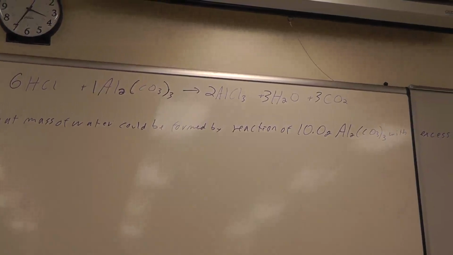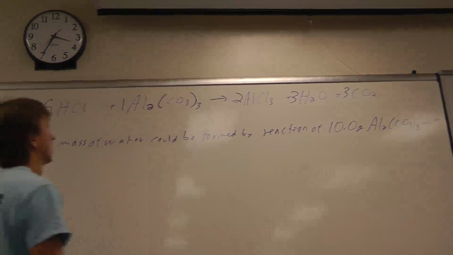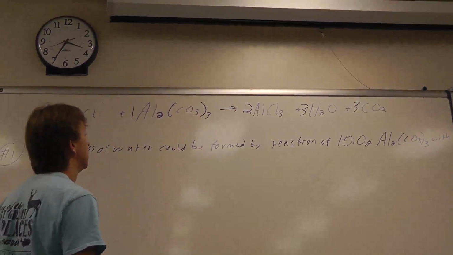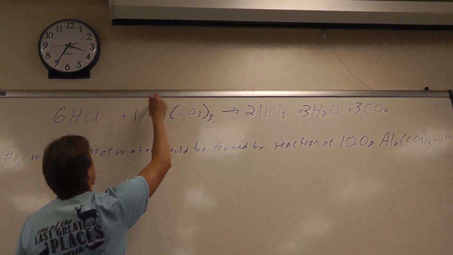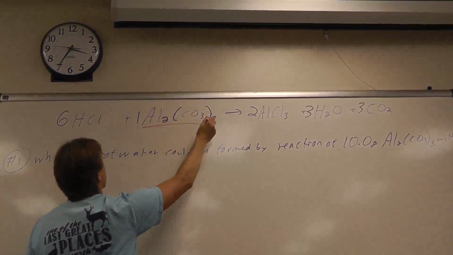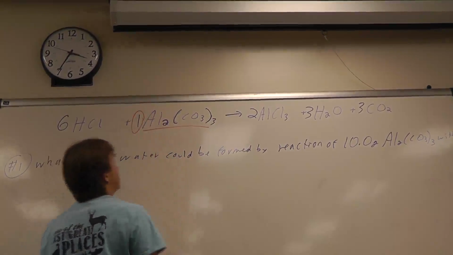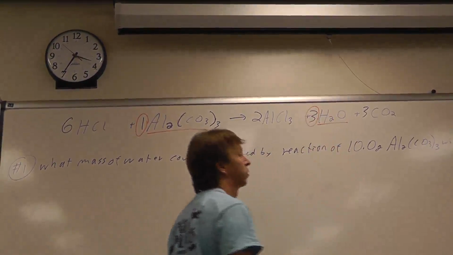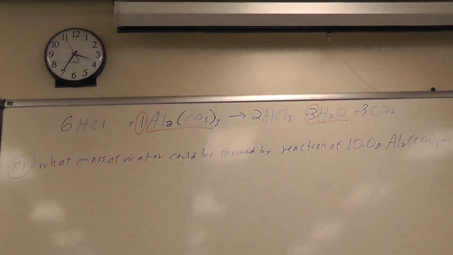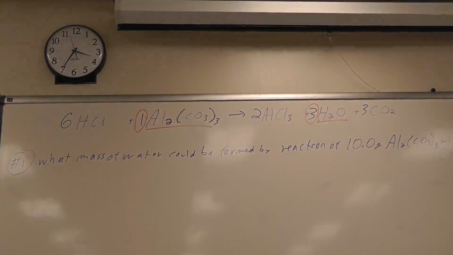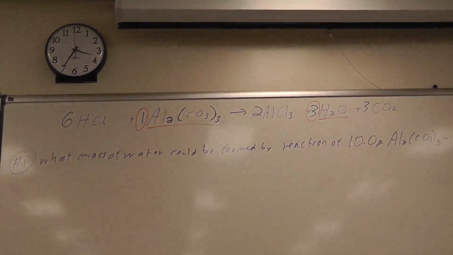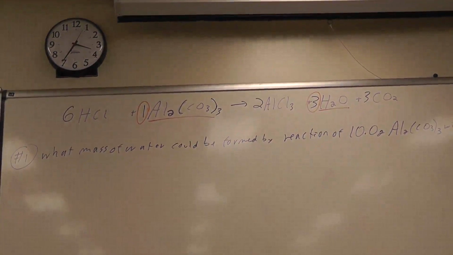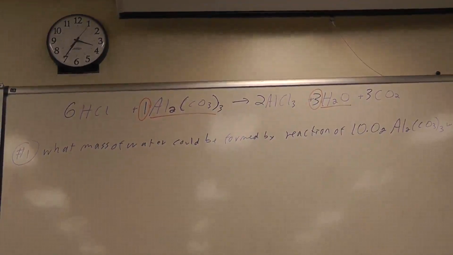And the key to the calculation is these coefficients that we've already said are in units of moles. We're trying to relate this, which has a coefficient of 1, to this, which has a coefficient of 3. Now, if you do this reaction and you produce water, you also produce carbon dioxide and aluminum chloride, correct?